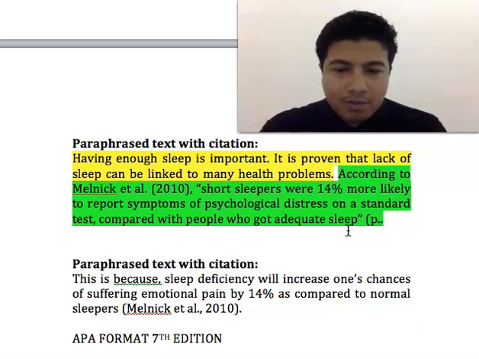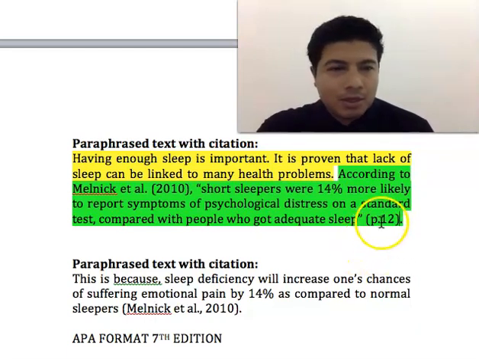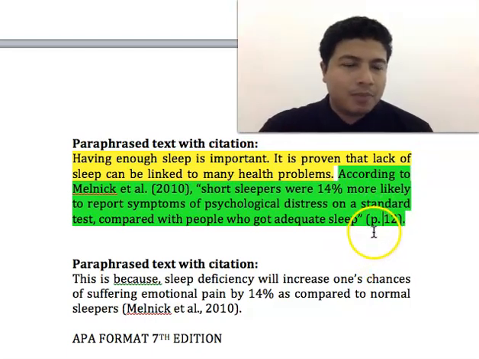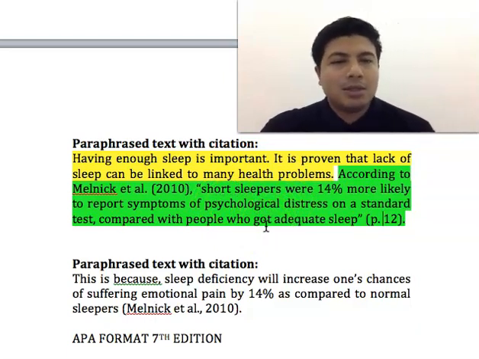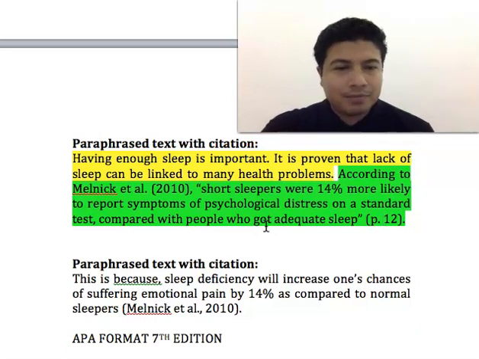So for example, page 12, and then close bracket and full stop, and you have a space here. So p for page, full stop, and the page number. This is if you do not change anything, so you take it exactly from the original source. But it is encouraged to paraphrase, so that is better.